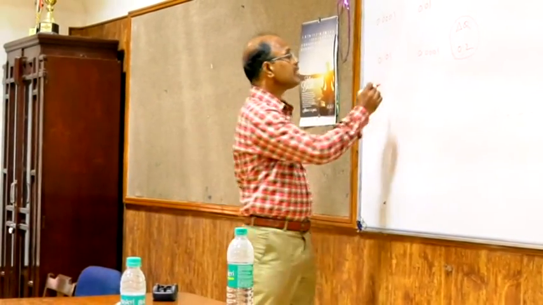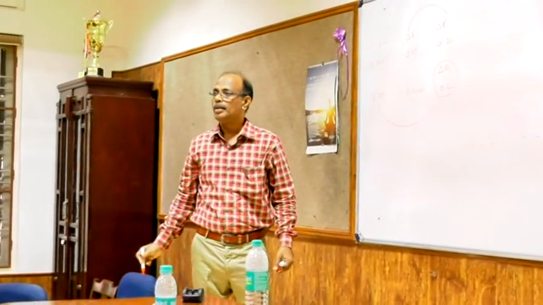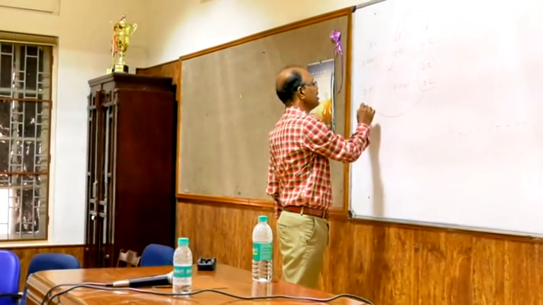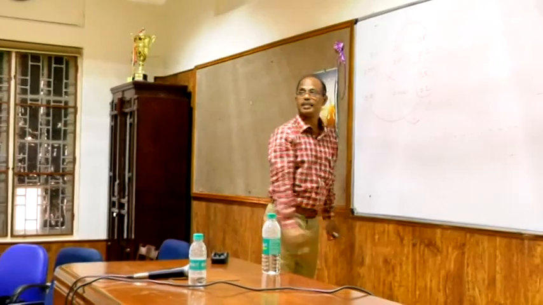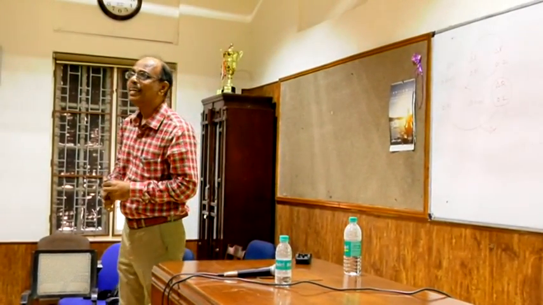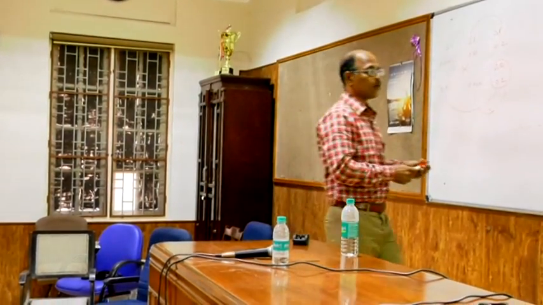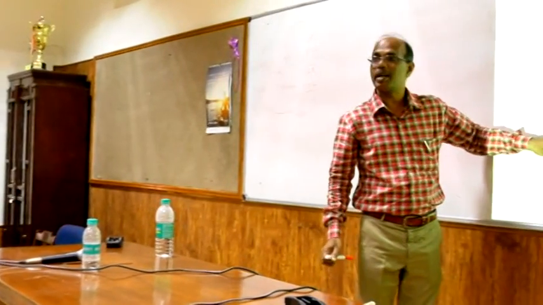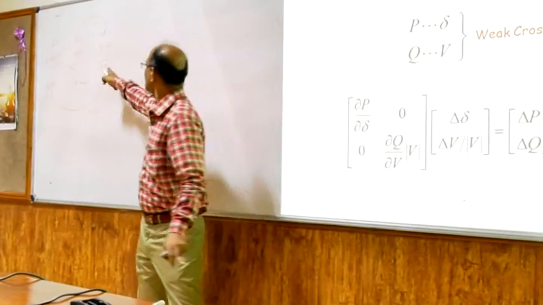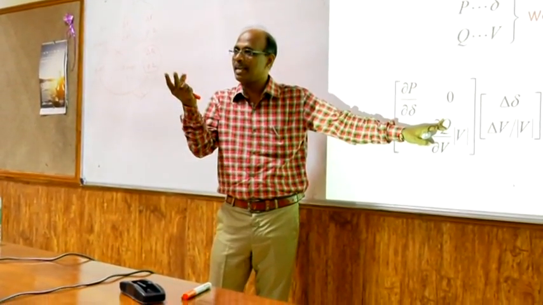That means there is strong coupling between these two and strong coupling between these two. There is weak coupling between the other pairs, and that is called decoupling. So based on this, in the Jacobian matrix, dou P by dou delta is large and dou Q by dou V is large. But dou P by dou V is very small and can be neglected.